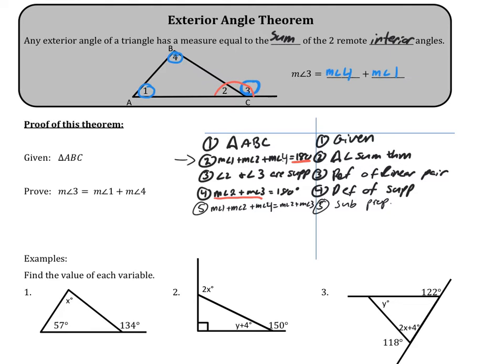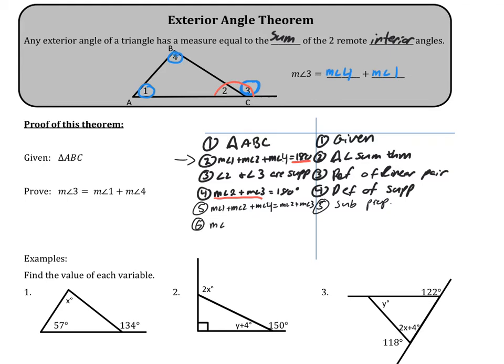So with that in mind, now we have an angle 2 on either side. I'm going to subtract the measurement of angle 2. I can do that because it's just representing a number. If I subtract the measurement of angle 2 from both sides, it's going to cancel out, because it's just 0.